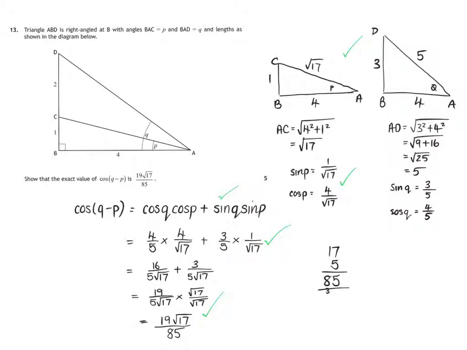On to question 14. Right, so in question 14 we have logarithms. For part A we have to evaluate log to the base 5 of 25. To do this we should see that 25 is a power of 5, so we can rewrite 25 as 5 squared.